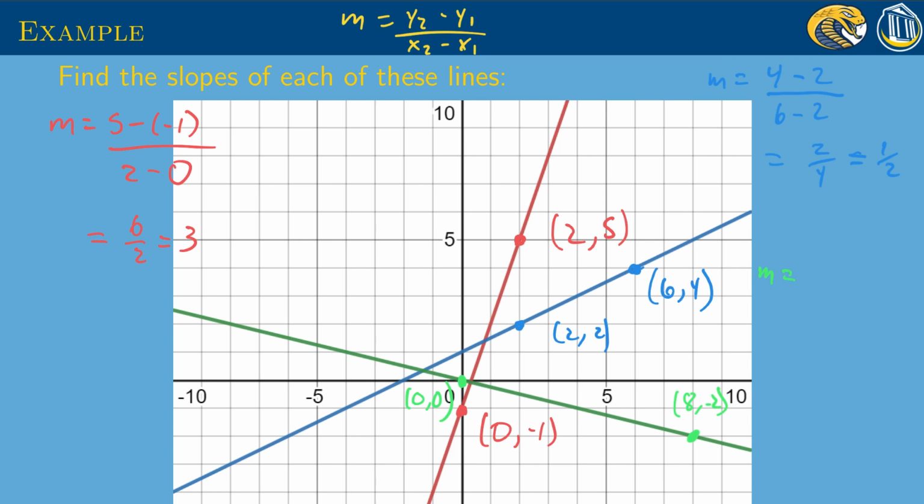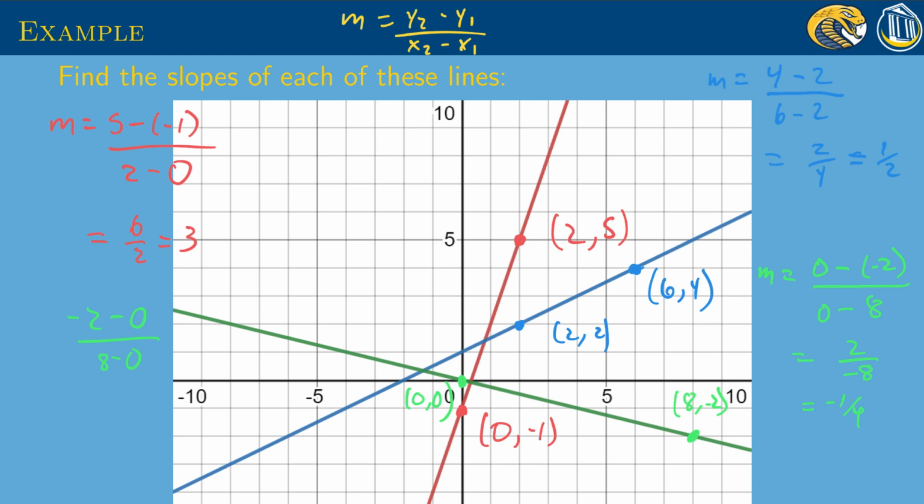I'm going to call this our y2, 0 minus -2, divided by 0 minus 8. That's going to give us +2 over -8, which is -1/4. You would get the exact same answer if you did -2 minus 0 over 8 minus 0. In either case, a slope of -1/4.